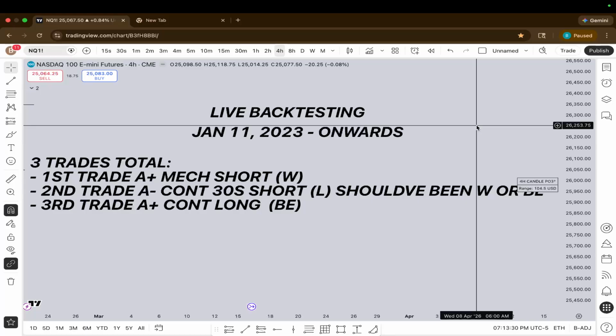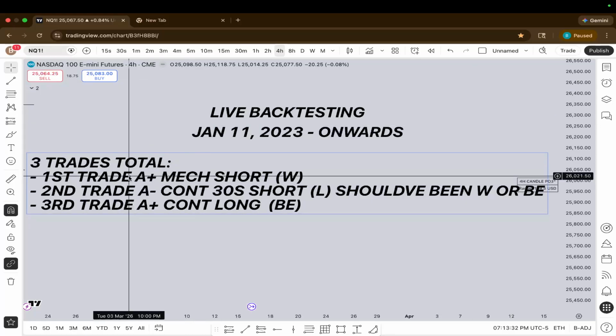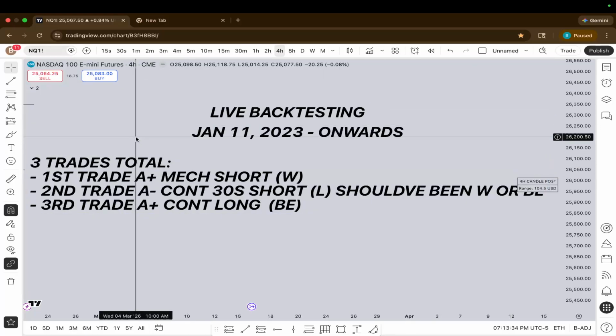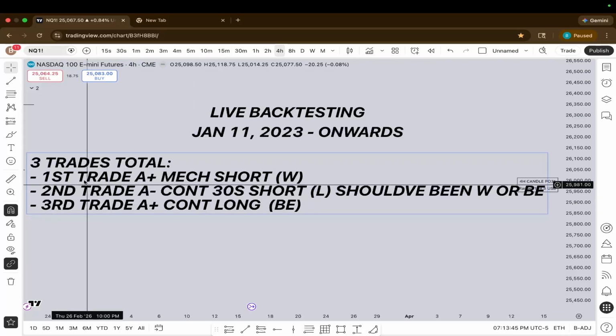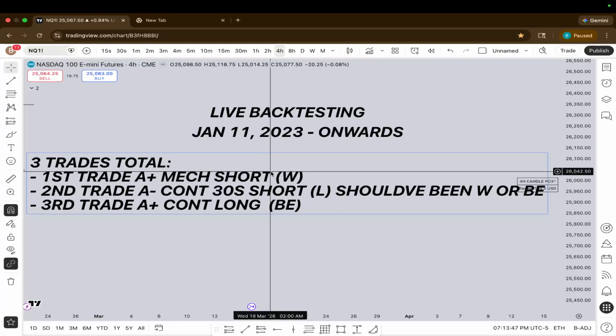But yeah, getting started. I took 3 trades. The video was taking a little long, so I decided to stop at 3 and not do 5. I think it's 3 days total. On the first trade, it's a super valid mech short. If you guys are struggling with reversals or mechs, or just how to read price action and narrative and connect your idea to execute with mechs, or you lack conviction or confidence with them, which is normal.